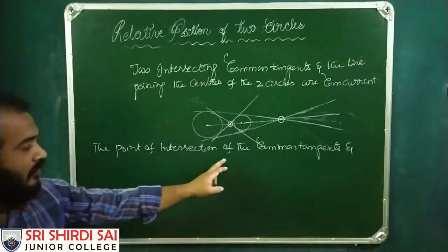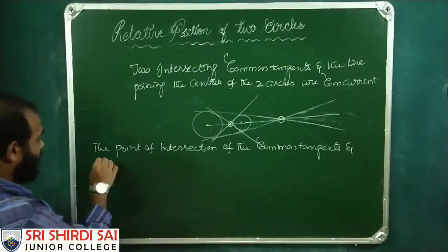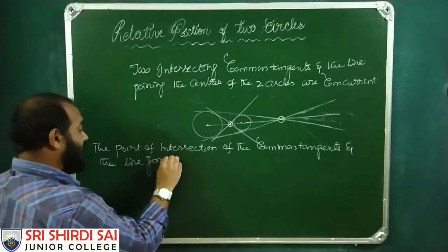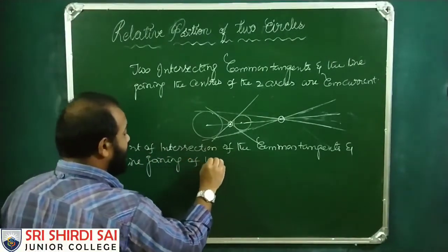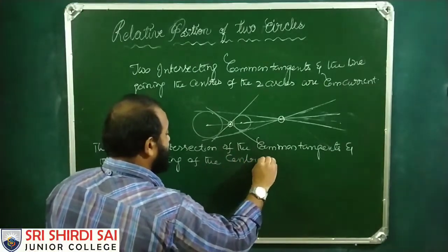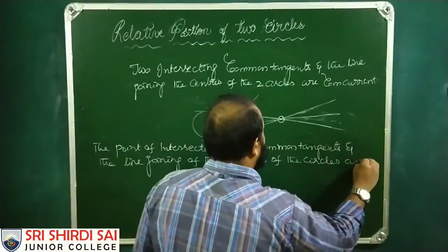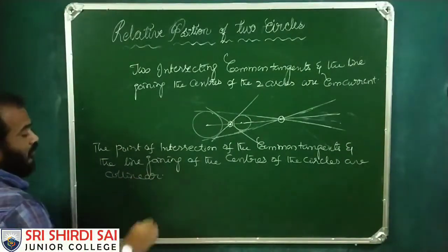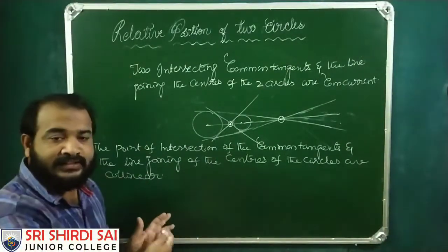Similarly, the point of intersection of the common tangents and the line joining the centers are collinear. What is collinear? All are lying on the same line.